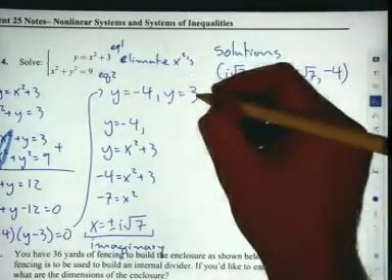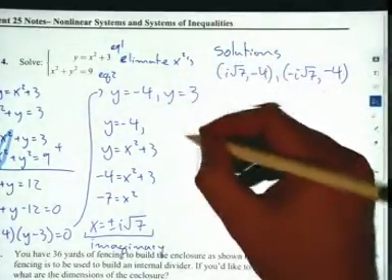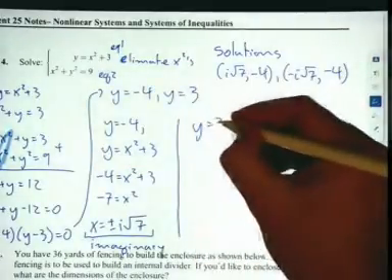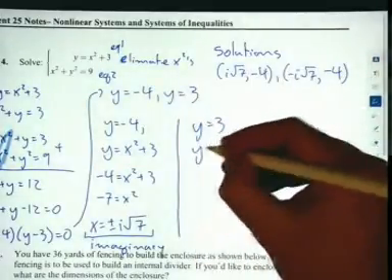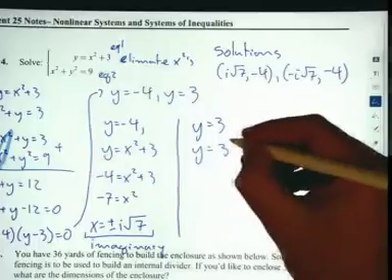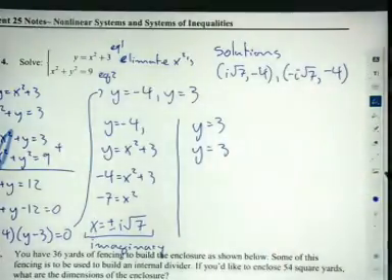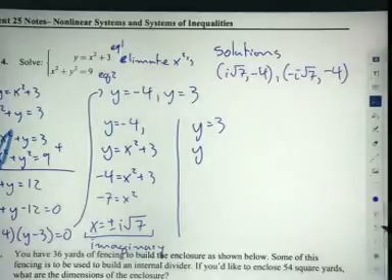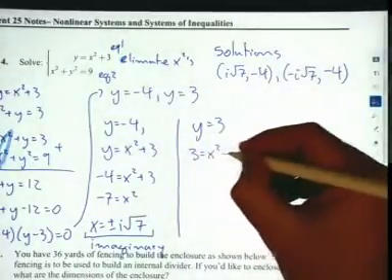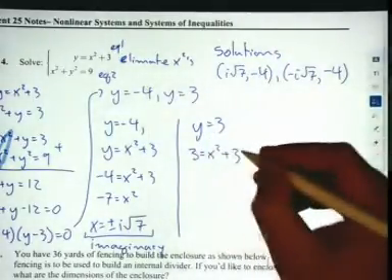But we still have to go through and do the same work for y equal to 3. So for y equal to 3, we have 3 is equal to x squared plus 3.